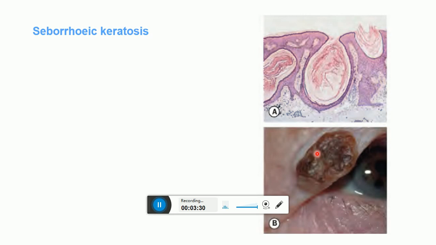They are frequently numerous, and the differential diagnoses include pigmented basal cell carcinoma, nevus, and melanoma. Treatment involves shave biopsy, occasionally simple excision, electrodesiccation with curettage, laser ablation, cryotherapy with liquid nitrogen, and chemical peeling. So this is seborrheic keratosis or basal cell papilloma.